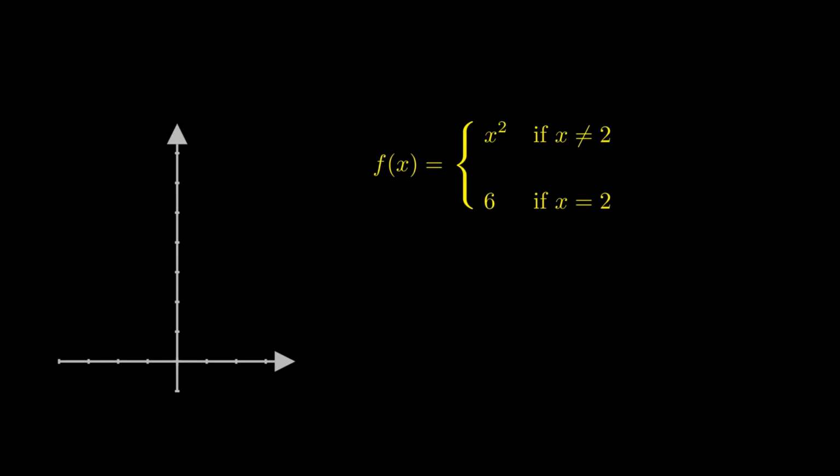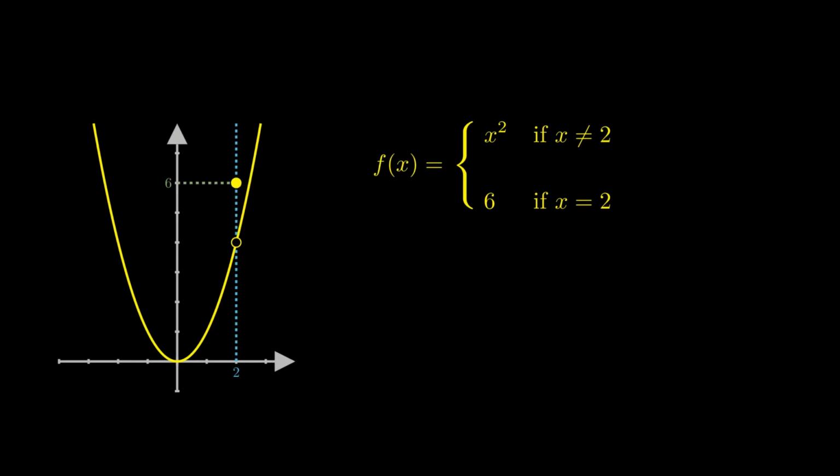So let's graph this. The curve is x squared almost everywhere, so that means we can just draw that curve first. Then we have the special case where x equals 2, so along this dotted line here. Normally, y would equal 4, because 2 squared is 4, but for this function, we're going to push this up to a y value of 6.